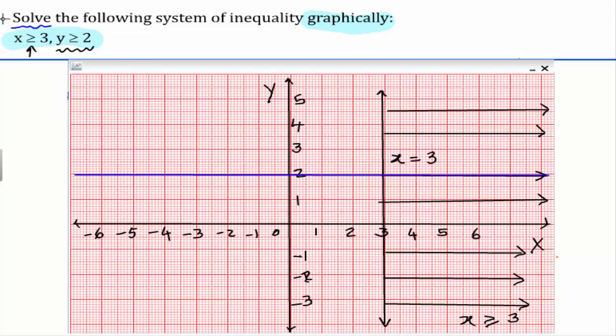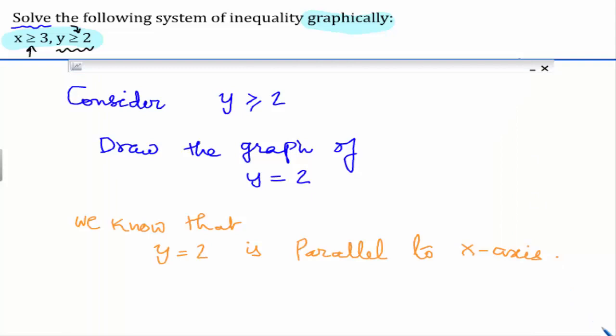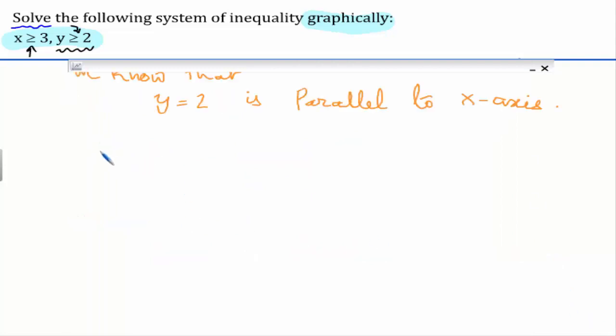As this inequality is also given with greater than or equal, therefore we will draw the thick line. And this line is y is equal to 2, and now we have to select the region. In similar fashion, let us consider the point origin and we'll substitute into the inequality.